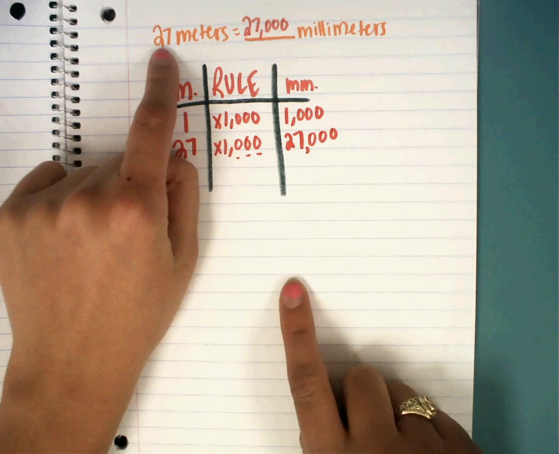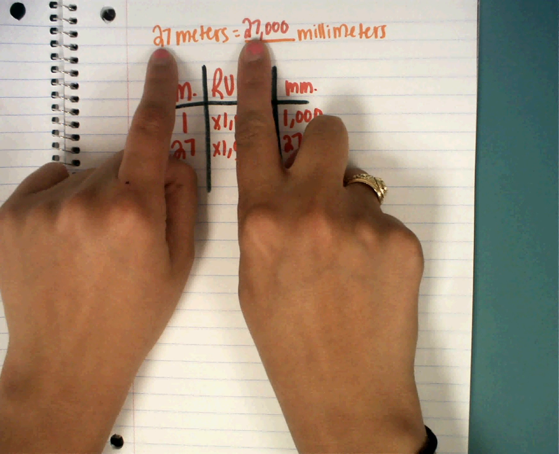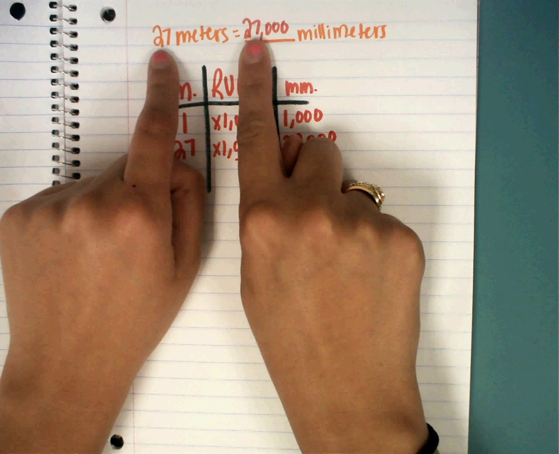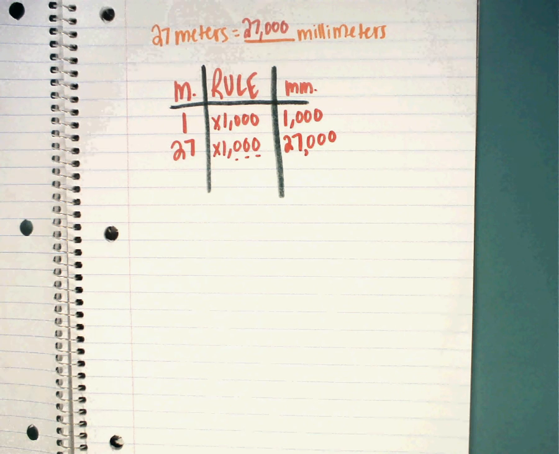You notice that they're really fun and really nifty. Whatever number you have right here, you should have those in your answer somewhere. You should have a 2 and a 7 in your answer in some way or another. The place value has changed, but all you're doing is adding zeros or taking away zeros, depending on how you're converting. Okay? We will work more with this tomorrow, but that was a good little intro.